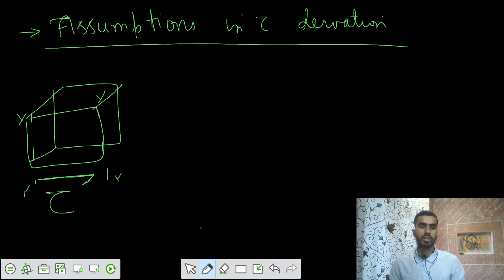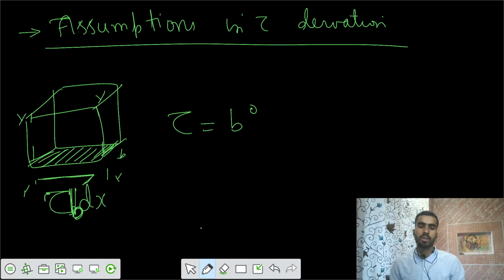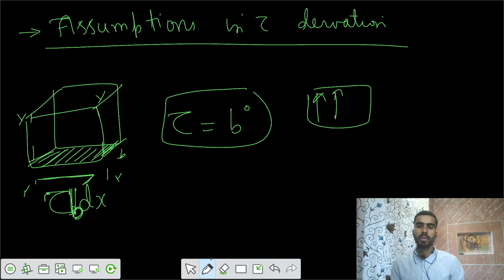With that, shear stress was acting on the bottom area of b into dx, tau times b into dx. So we said that shear stress is a constant function of width. That means it does not vary with the width. We said that shear stress is constant along the width of the cross section.